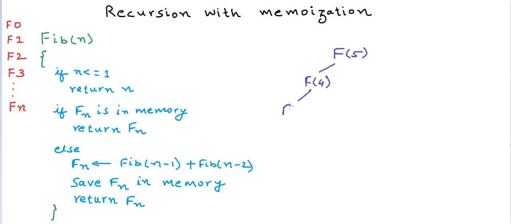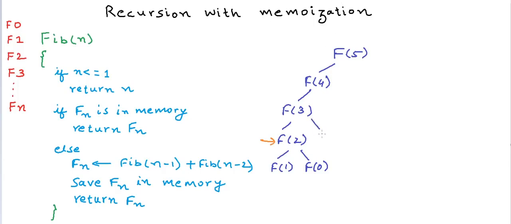Now f4 again makes a call to calculate f3, f3 makes a call to calculate f2, and f2 makes a call to calculate f1, and f1 does not make a recursive call any further. So now at this stage, f2 has finished calculating once, so we save it in the memory.